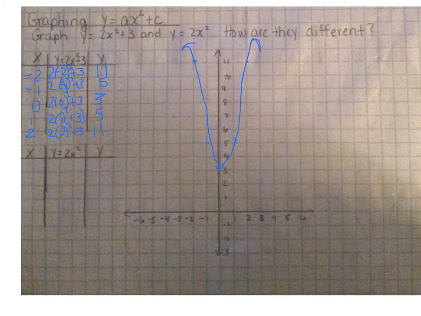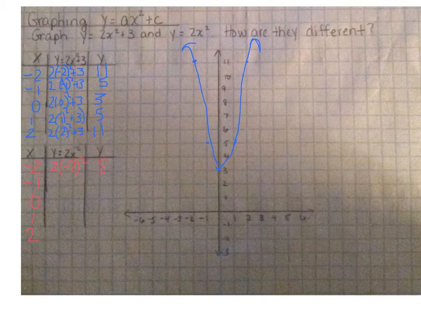Okay, so now let's just do 2x squared. Y equals 2x squared. Now realizing that these are similar quadratics, the difference is the first one we added 3 and now we're not. So we're going to choose the same values for x: negative 2, negative 1, 0, 1, and 2. So I'm going to substitute negative 2. So I have 2 times negative 2 squared.